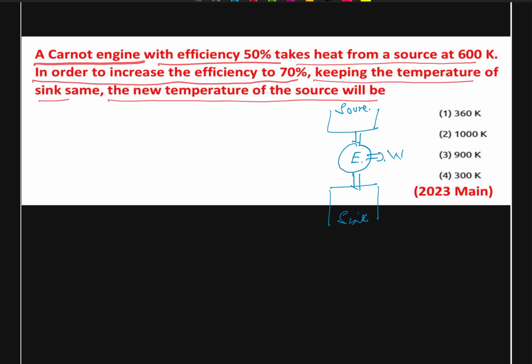We are given that the initial efficiency is 50%.